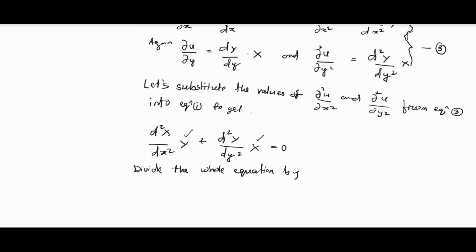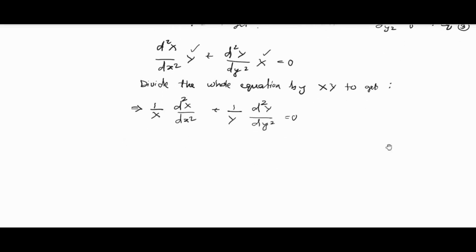Now when we divide the whole equation by XY, this Y will be cancelled with this Y, and we will get 1 by X. What we will get? 1 by X d square X by dx square plus 1 by Y d square Y by dy square is equal to 0.